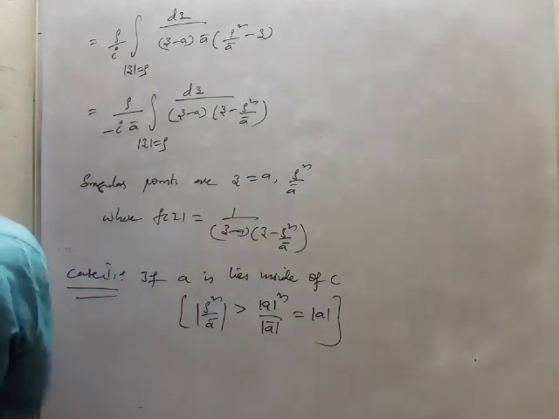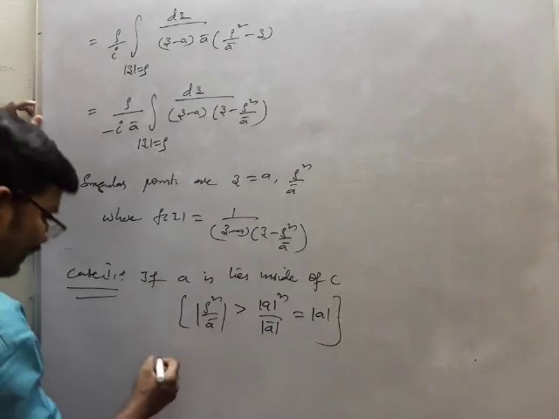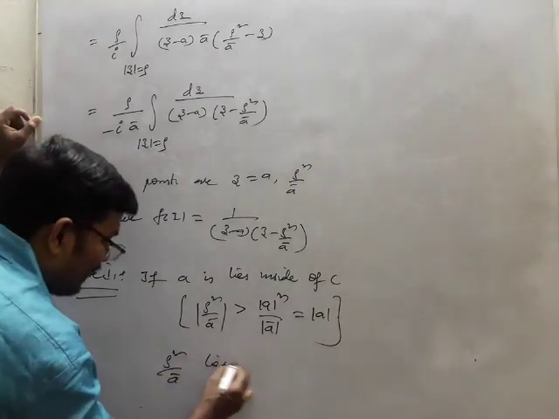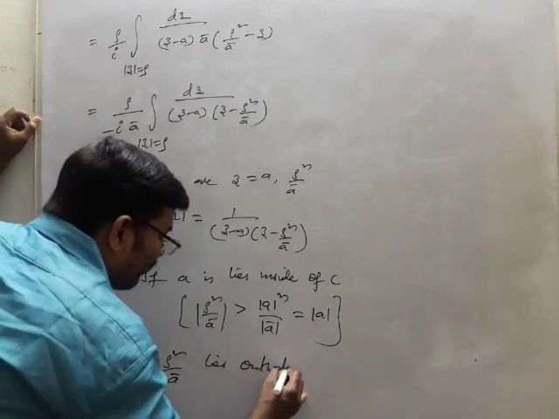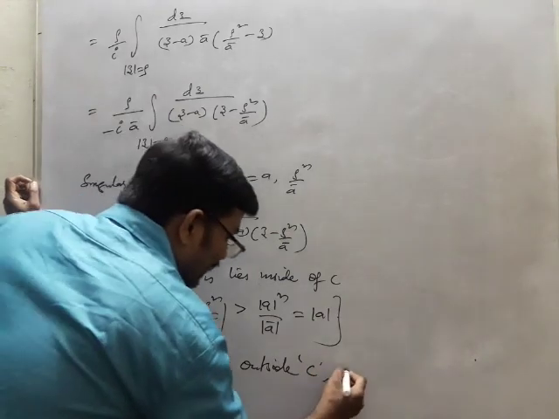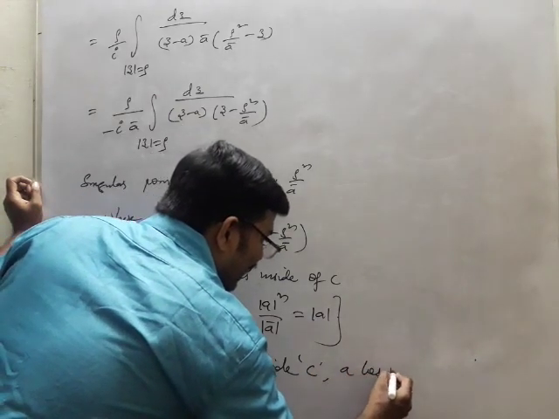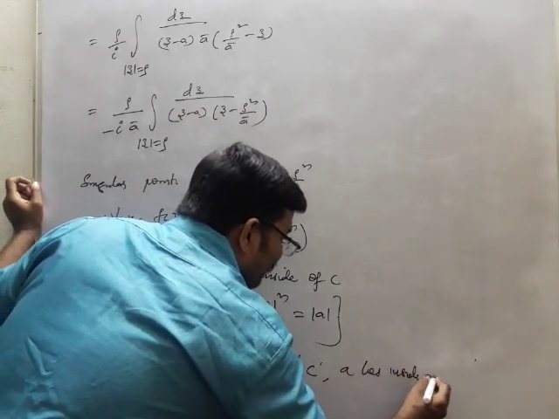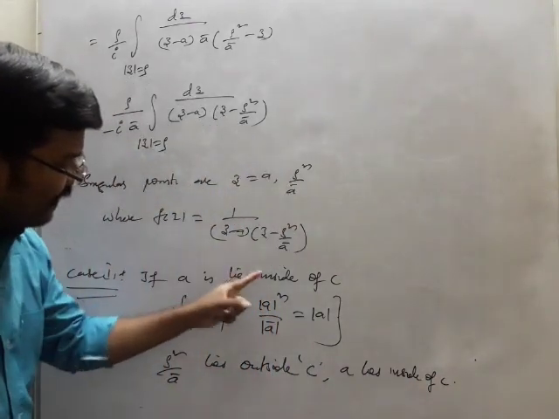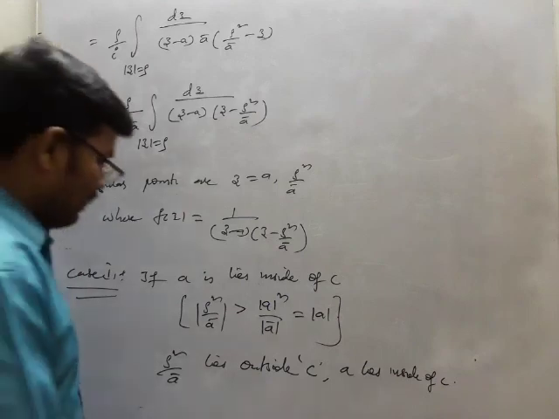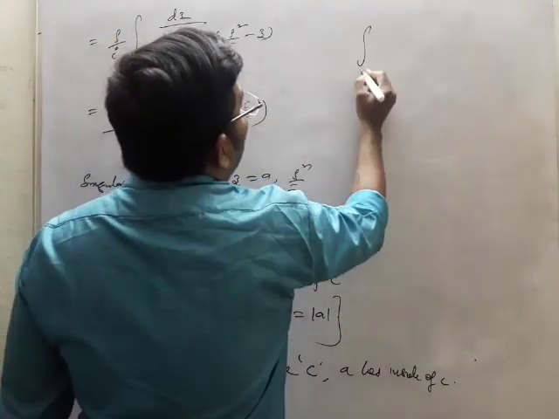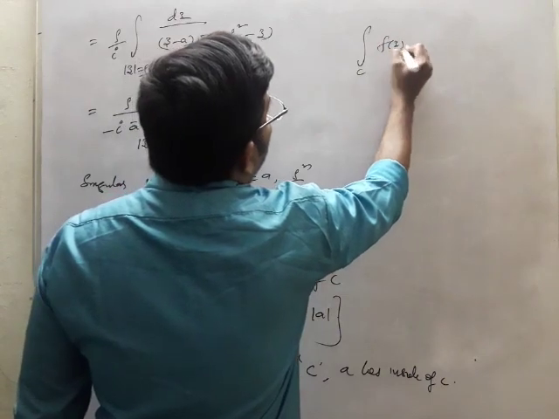So therefore we can write that rho square by a bar lies outside C, and a lies inside of C. So a lies inside and this one lies outside. Now what is that? I may write the integral over C of f of z dz.